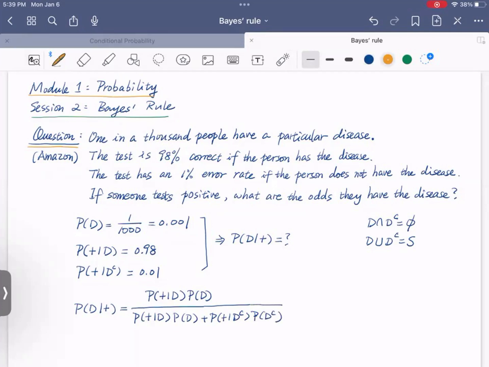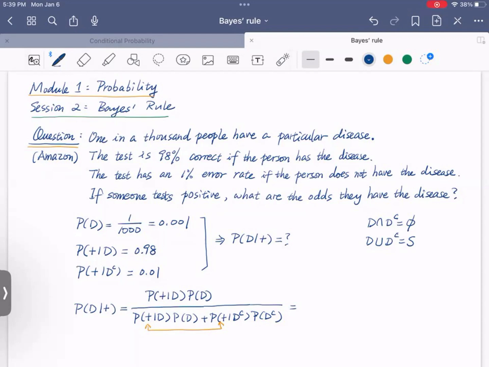So pay attention. The denominator is P of plus. So the event in both of these two terms should be plus, should be positive. Okay? Don't be confused.